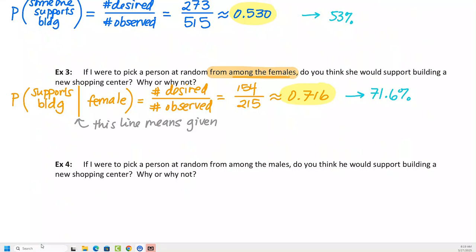So they weren't necessarily expecting us to calculate the probability at this point, but I figure you guys can understand this.